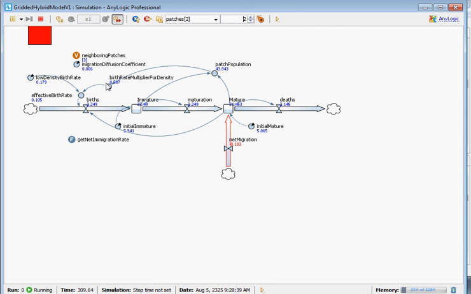We can run it, and we will see, ladies and gentlemen, patches emerging that are presumably associated with high birth rates. But now we're going to see broader patterns of diffusion around these, reflecting the fact that instead of just having the 4 cardinal directions, north, south, east, west, we're going to have neighbors in all 8 directions. So north, south, east, west to be sure, but also northeast, southeast, southwest, and northwest.